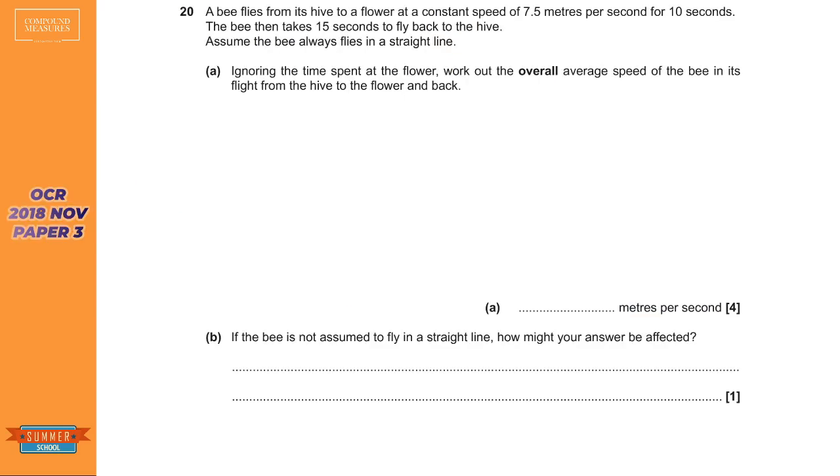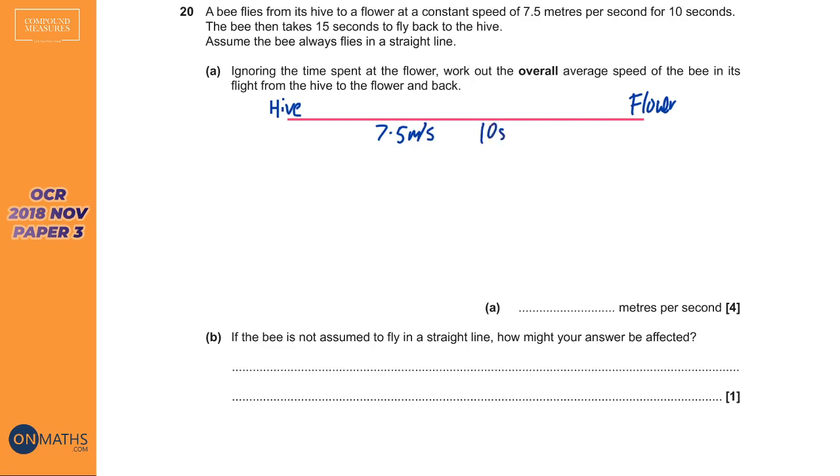OCR have a similar question for us, but there's a few more things going on here. So we have kind of two journeys. We've got a journey of the bee going to the flower. So we've got the hive here, and the flower here, and we're told that it's traveling 7.5 meters per second for 10 seconds.